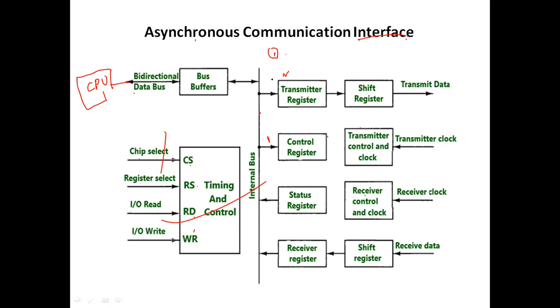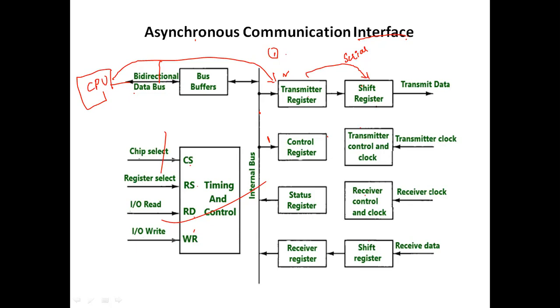So the transmitter register accepts the data from the CPU through the data bus, and then this data is transferred to the shift register for what? For serial communication. For serial communication, we make use of these shift registers.